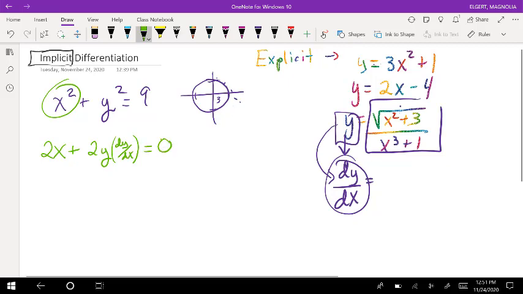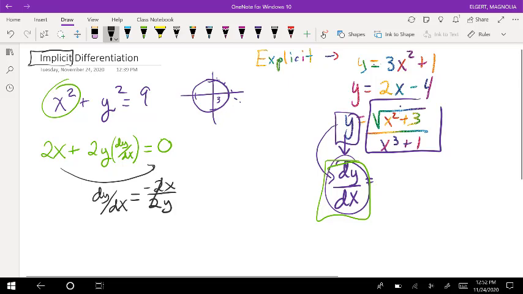So our goal, after we do this, is still to solve for dy dx because that's the derivative of y with respect to x. So after you do your implicit differentiation, then you need to do some algebra. So I'm going to move some stuff over, and I'm going to divide. So I'm going to get that dy dx would equal negative 2x over 2y. Those would just cancel, so it would just be negative x over y.